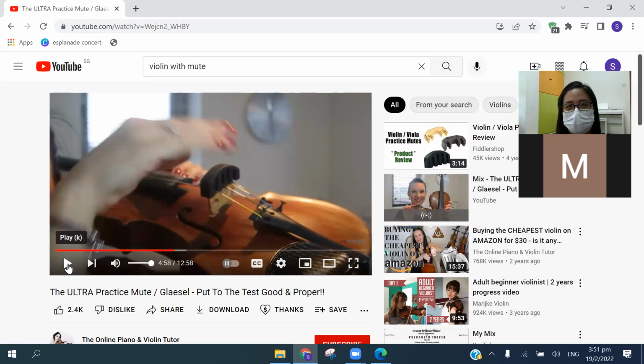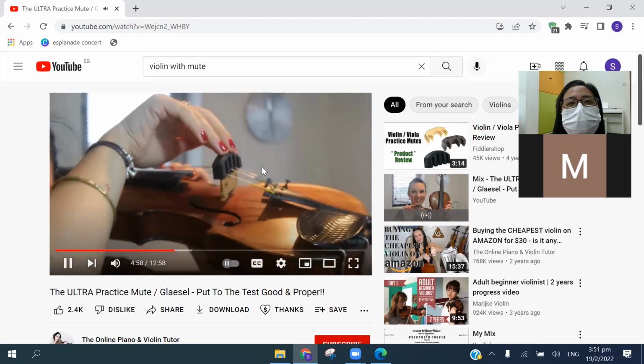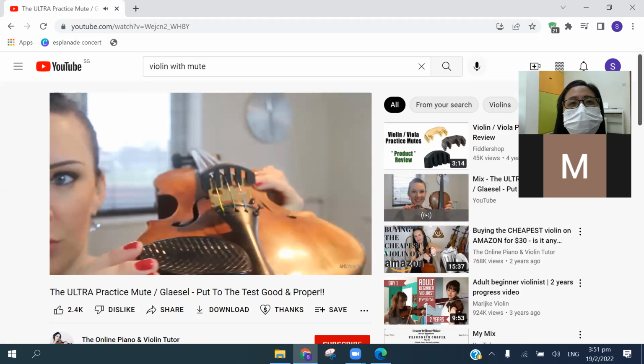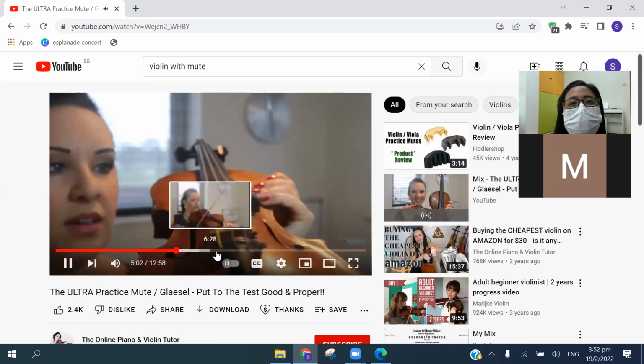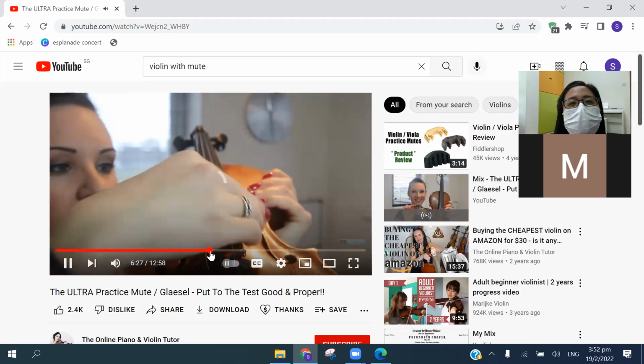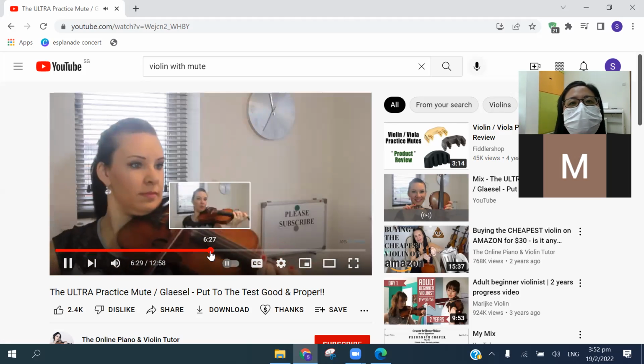Okay, so this is how the violin makes a soft sound. You see here, there is a metal one, this golden one is the one that can mute the violin the most. It just slots over the bridge and you just put it on. That's two different mutes, and then it becomes soft.